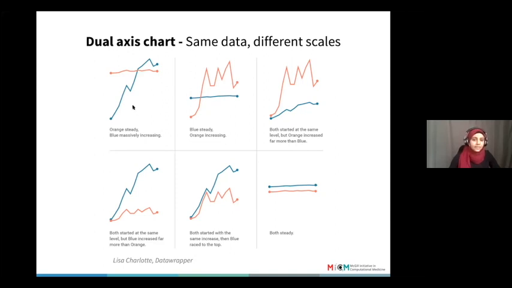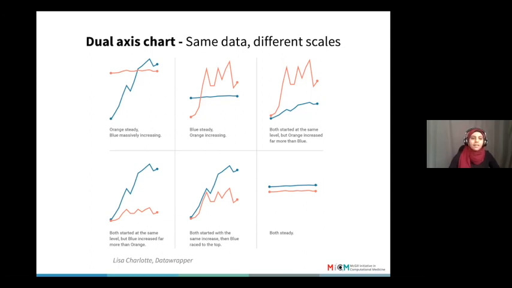Here we have a relatively flat looking orange line versus a skyrocketing blue data set. And the message from this figure is very different from the message in this last figure, where they both appear relatively steady. The issue with these types of charts is that they're far too easy to manipulate to tell whatever you want. And so in general, I believe they should be avoided.